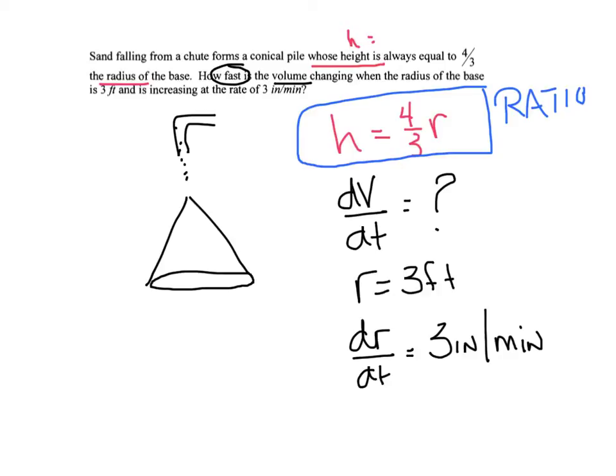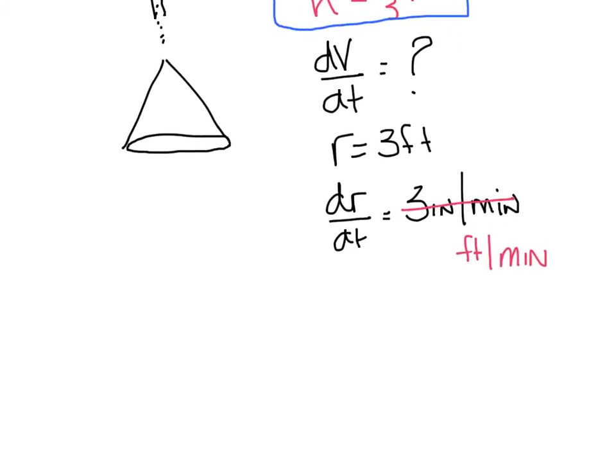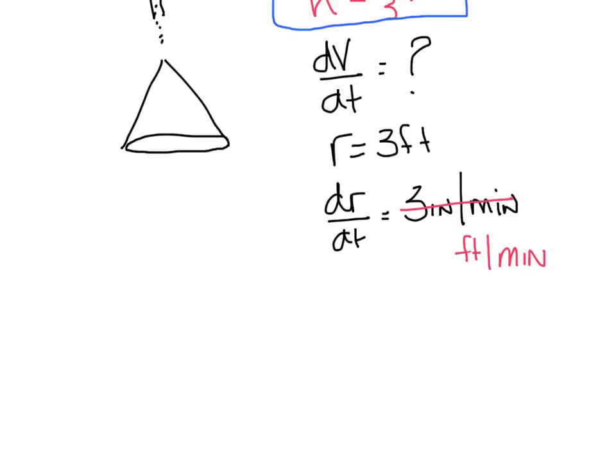So I'm going to change this 3 inches per minute into feet per minute. That is my goal, and it's very simple. You write a basic ratio that you did back in 6th grade whenever you learned ratios. I'm going to say 3 inches per 1 minute, times what will get me feet per minute.